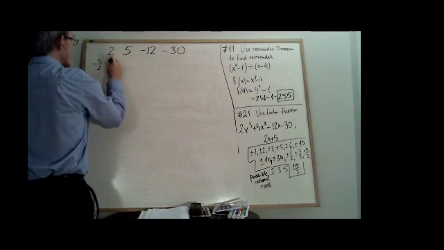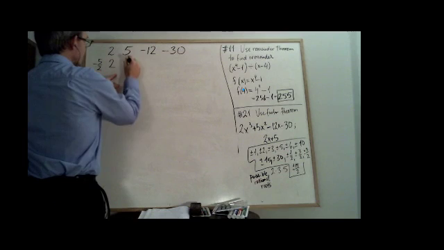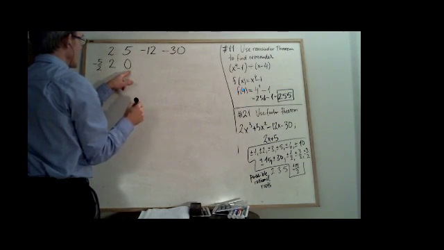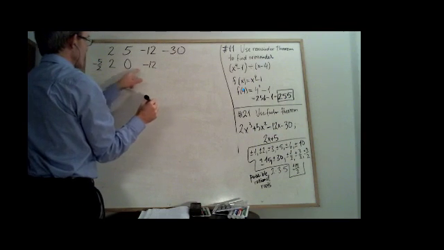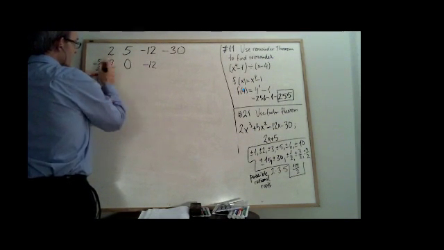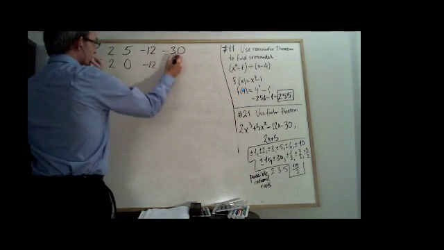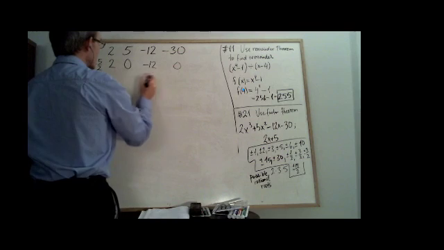So we bring down the 2, multiply, get minus 5, and then add, get 0. Okay, multiply, get 0, add minus 12. Multiply, we get, 2 cancels here, and you get 6. 6 times 5 is 30, and I get a plus sign. 30 minus 30 is 0. Okay, so we do, in fact, get 0.